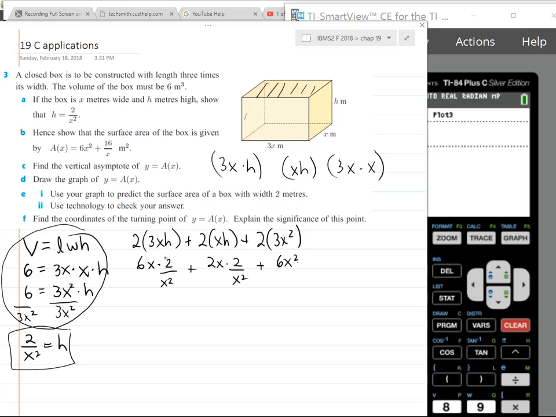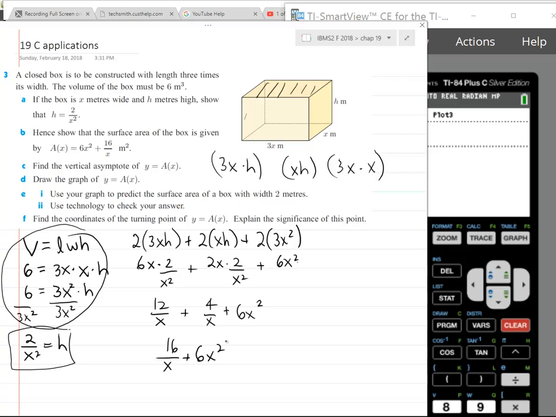If we combine, we get 12x over x squared, which is just 12 over x. Here we get 4x over x squared, which is just 4 over x, plus 6x squared. Combine all that, and you get 16 over x plus 6x squared.